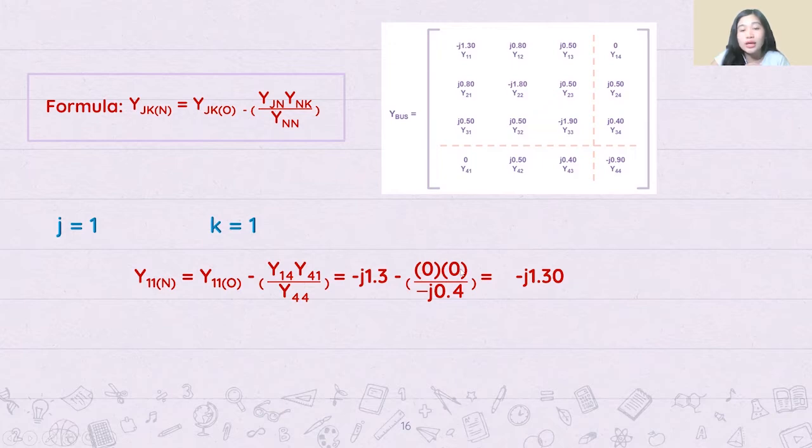Multiply them all together and divide by Y44. Y44 is equivalent to negative j 0.4. And now do the math. Since 0 na to, cancel na to, and we are left with negative j 1.3. So that is our final value for Y sub 1, 1 if we are going to reduce it to 3 by 3.